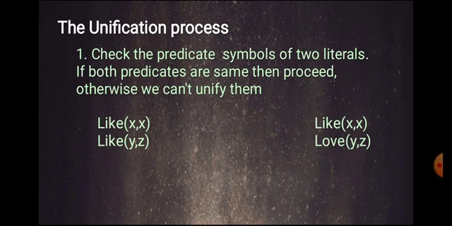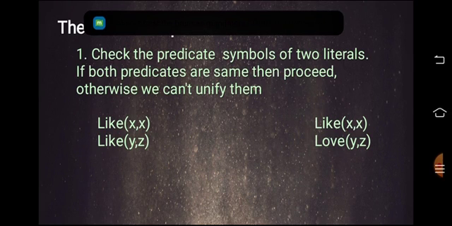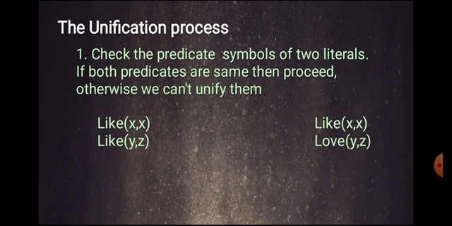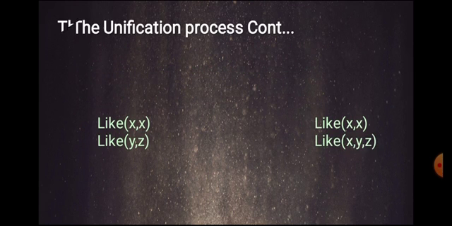But in the second example, like of x comma x and love of y comma z, we have two different predicates, like and love. So the predicate is not matching, and we cannot unify them. So the first thing we have to check is whether the predicates are matching or not.